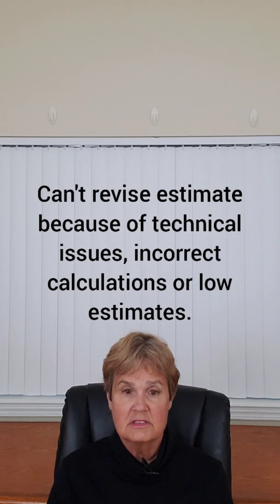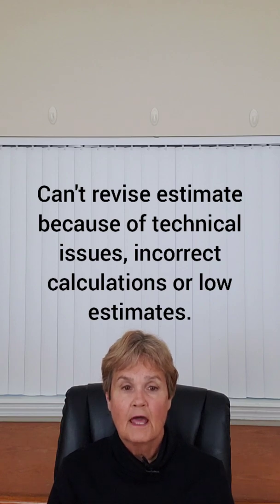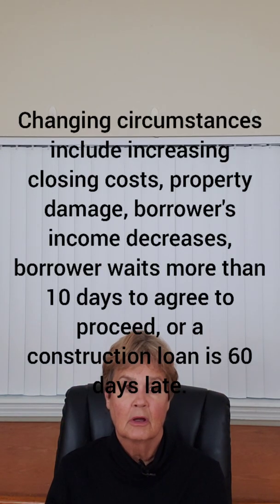Okay, so what if they have to revise it? They can't revise an estimate because they screwed up. For a revision, because of technical issues, incorrect calculations, or low estimates, they can't just call it a revision. They can revise it if they didn't lock the interest rate in and the interest rate has now gone up.